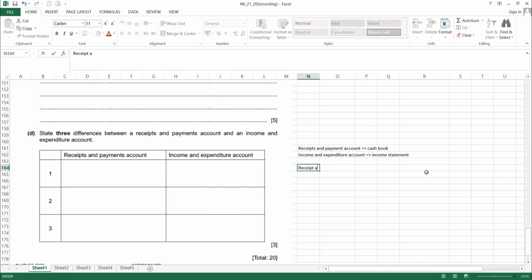So receipt and payment account, income and expenditure account. Okay, let me put into here. Number one, as I say, this one is just like a cash book.